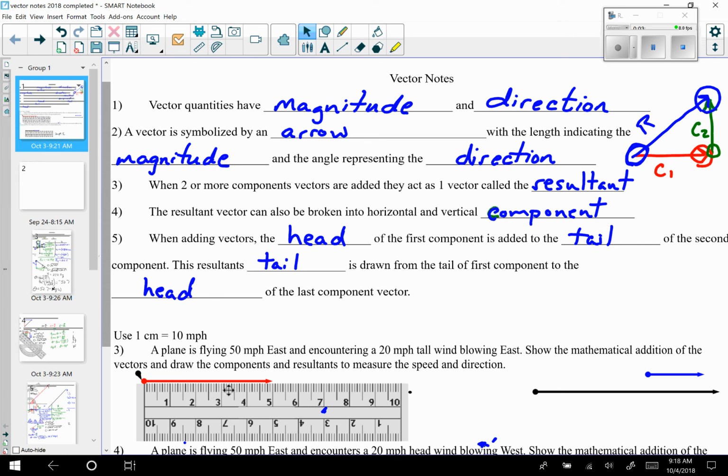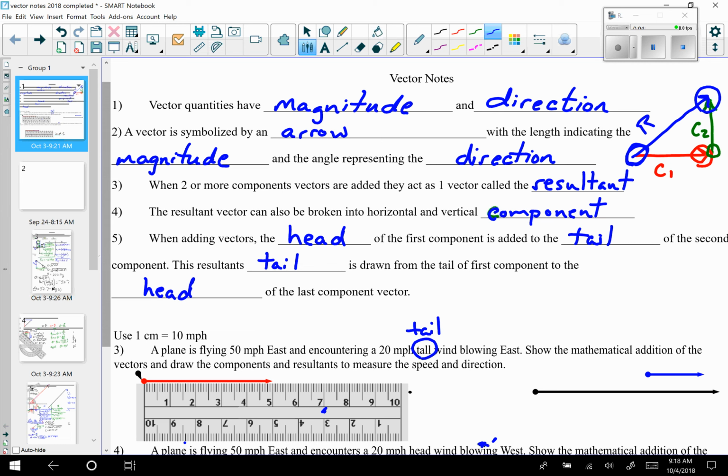It's pointing to the right, so east is going to be our right. It encounters a 20-mile-an-hour tailwind. So that's not a tall wind, that should be a tailwind right here. And so we can change this little word here to tail. And it's blowing east. Show the mathematical addition and draw the components.